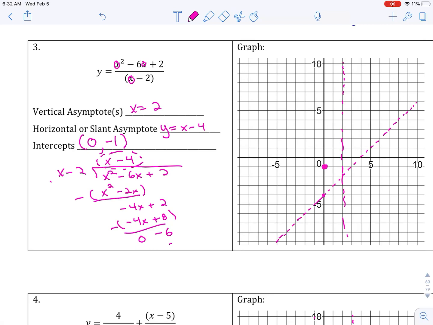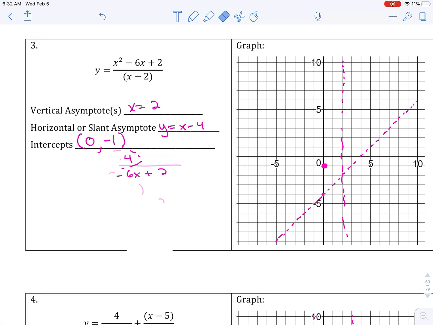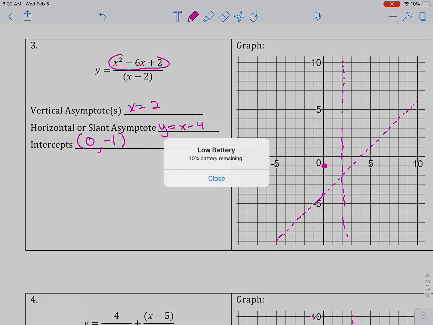And there's my y-intercept. The x-intercept's not quite so easy, and I'm going to need some room to do it, okay? So I'm going to erase everything up here, including the division, which is another nice part about doing this on Chromebooks, that you don't really run out of space. So my x-intercepts, remember, are the zeros of the numerator.